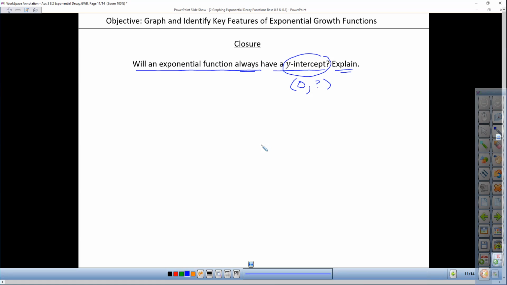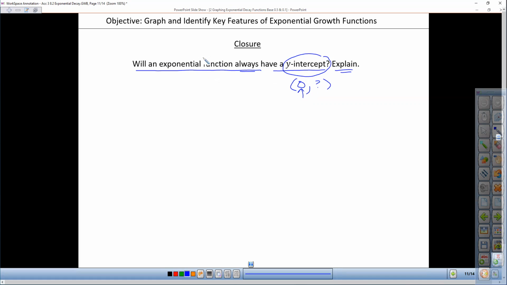So any function will have a y-intercept if 0 is part of the domain. If 0 is in the domain, which is our x's, then there will definitely be a y-intercept. So if 0 is always in the domain, we always have a y-intercept. If 0 is sometimes in the domain, we sometimes have a y-intercept. If 0 is never in the domain, then we would never have a y-intercept.